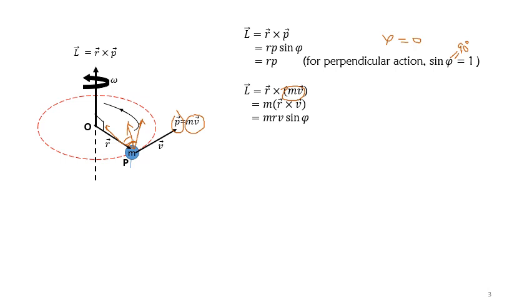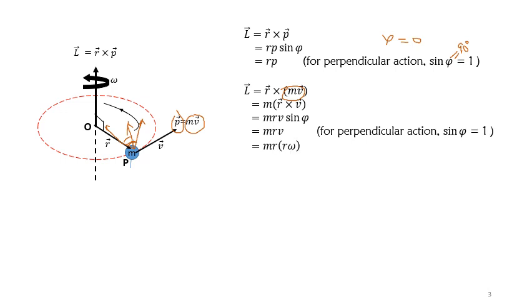For maximum angular momentum, the angle between R and the velocity of the moving body must be perpendicular to each other. That means sine phi will be 1.